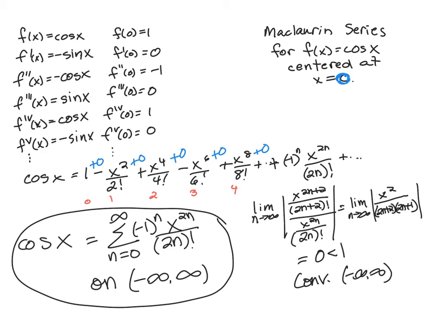So let's look at the pattern. My original n's were the 0, this was 1, this was 2, this was 3, 4, 5, 6, 7. You get the point, right? So we need a new counter that's going to ignore the zeros and only give us what we need. So we want this to be the 0 term.